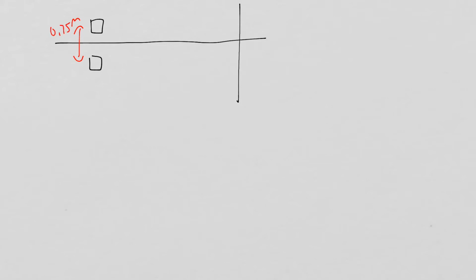Our diagram looks kind of like this, and point right through the center. This is 0.75 meters. This is 5 meters. We have point P. We have point Q. And this is some distance y.